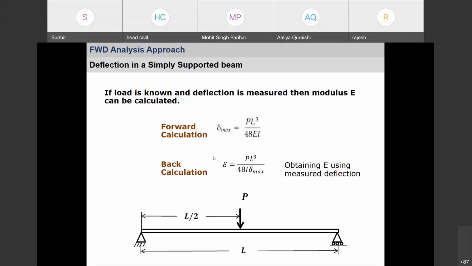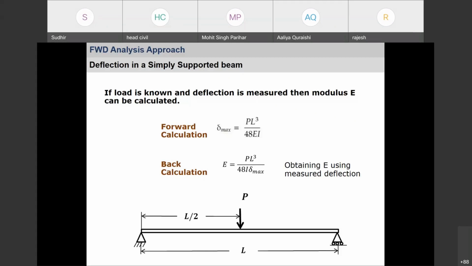If you take this equation and plug in the values of P, L, E, and I, P is the external load you are applying, so you know how much load you apply, and L, E, and I you know from the geometry and material property, then you will always be able to find the maximum deflection in the beam.